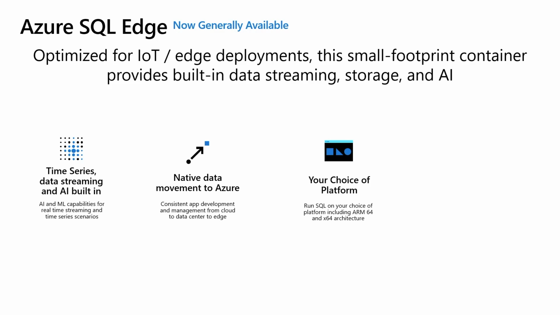Next, you can choose either a Windows or a Linux-based device or host and use Kubernetes or Linux Docker containers to orchestrate your device infrastructure for better efficiency and automation. And finally, when it comes to architecture, one can run SQL Edge online or offline or hybrid to support various edge environments.